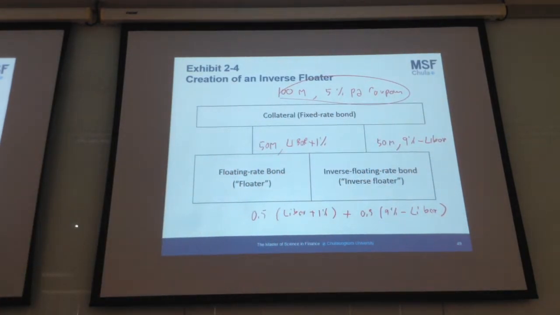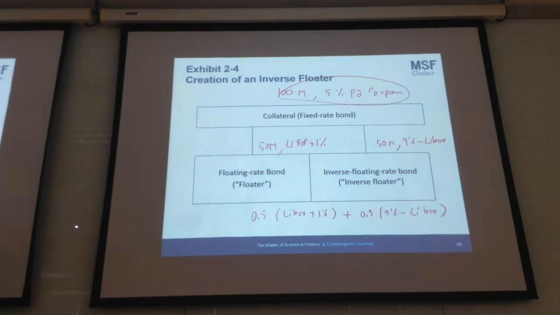This 0.5 comes from 50 million out of 100 million, right? The average cost that you have to pay for the investors who buy the floater and the inverse floater.